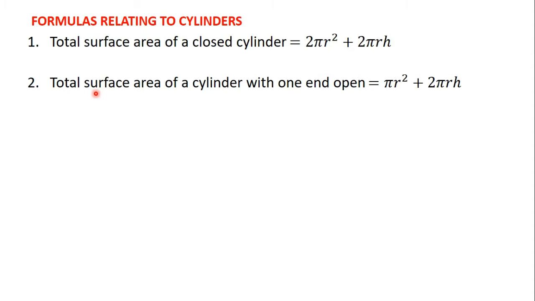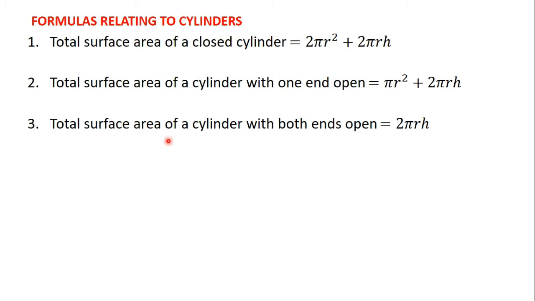If the cylinder has one end closed and the other end open, the total surface area is given by pi r squared plus 2 pi rh. And if the cylinder has both ends open, then the total surface area is given by 2 pi rh. So you can see from here that the formula for finding the total surface area depends on the type of cylinder you are considering.